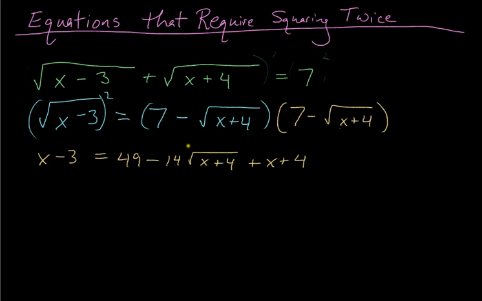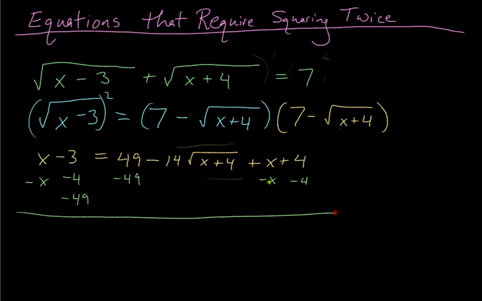All right. So now we're going to get this square root by itself. So we're going to move the 49 and the x plus 4. So subtract the x, subtract the 4, and subtract the 49. So the x's go away, which is happy.